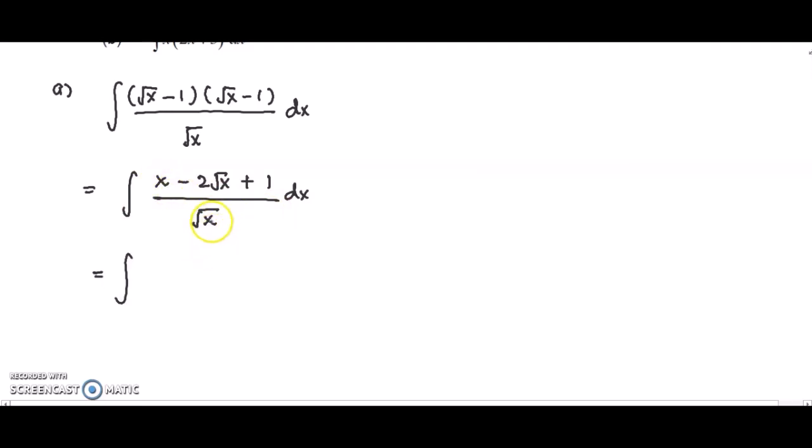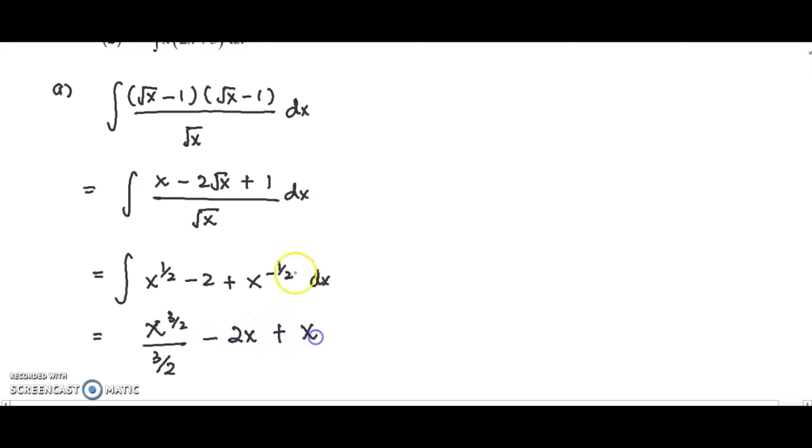x divided by square root of x, you have x power of 1 over 2. And negative 2 third x divided by third x, you get negative 2. Plus 1 over third x is x power of negative 1 over 2. Then now we can integrate it. x power of 1 over 2, you integrate, the power is going to be plus 1, you get 3 over 2 and divided by 3 over 2, minus 2x plus, this is going to be plus 1, you get 1 over 2 and divided by 1 over 2.